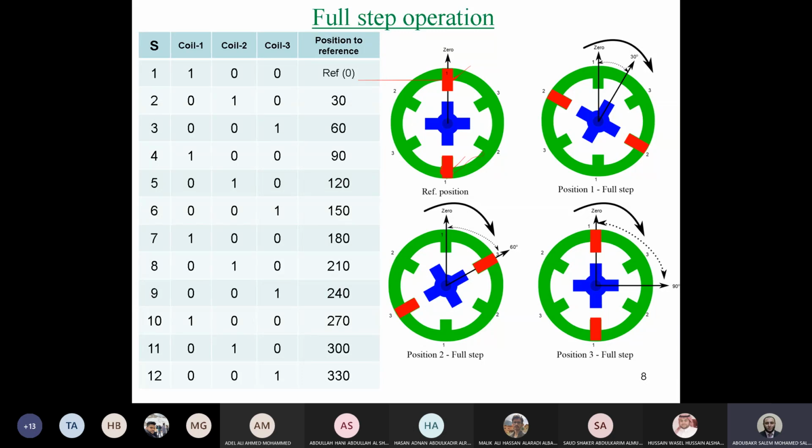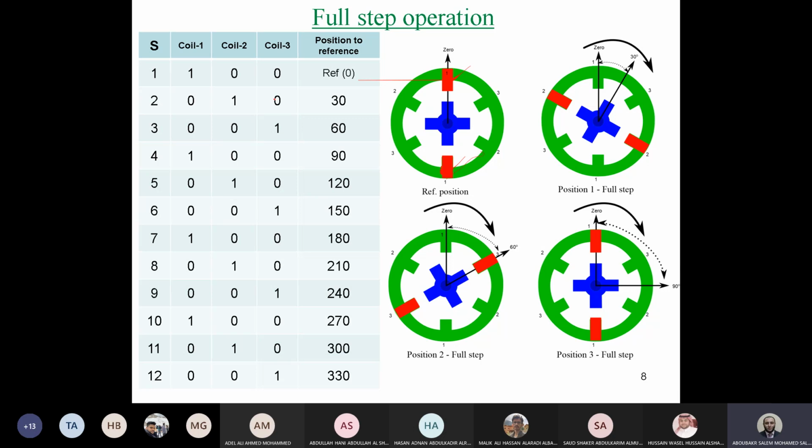In order to understand how the motor will move, we will apply the second step and compare it with the first step. So if we apply now step number 2, which means coil 1 will be de-energized, coil 2 will be energized, and coil 3 will be de-energized as well.